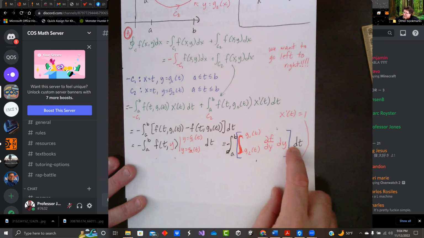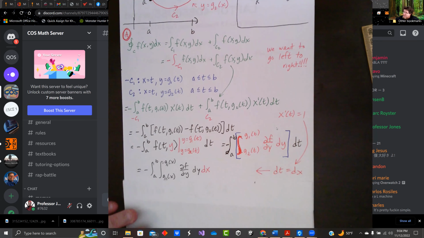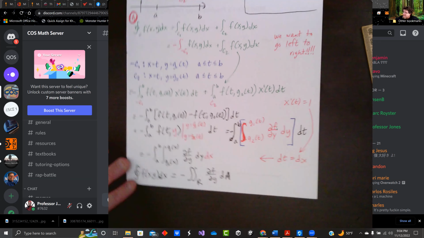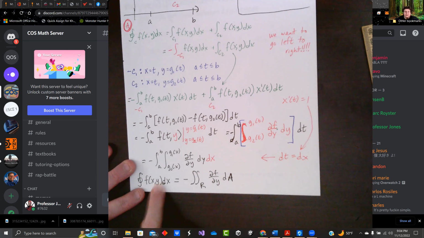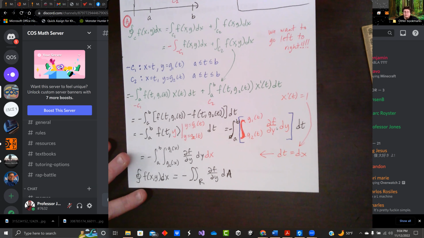We've got dt here, but dt is the same thing as dx. So I can change my dt to a dx. And this now looks like negative integral from a to b of the integral from g2 of x to g1 of x of df/dy, dy dx.